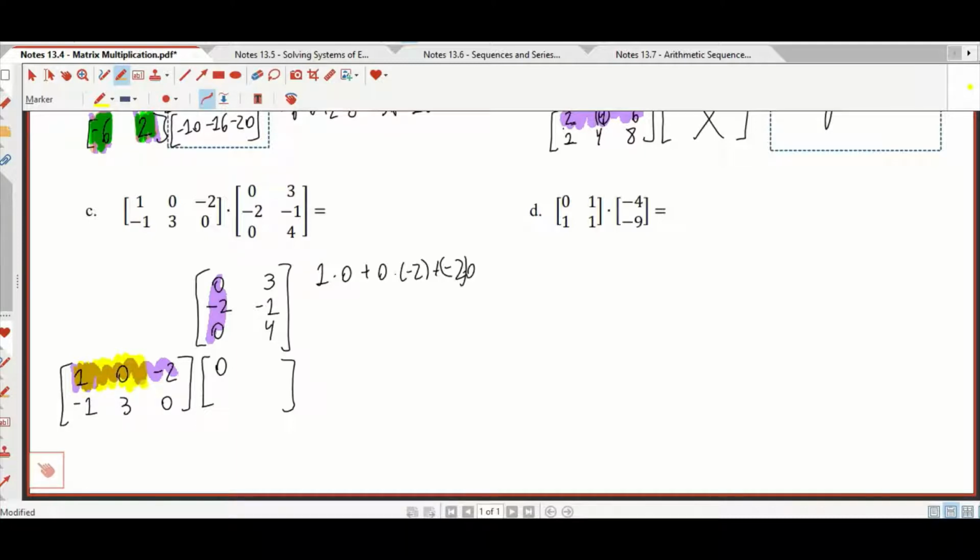This row times this column: 1 times 3 plus 0 times negative 1 plus negative 2 times 4 is 3 plus 0 plus negative 8. And 3 plus negative 8 is negative 5.